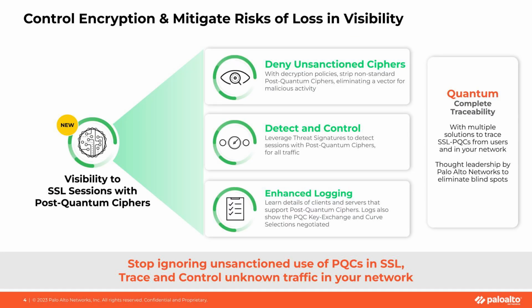So this is extremely useful in two ways. The first one is it brings added visibility and complete traceability of the session between the user and the server for all traffic in your network. And the second detail is you can now extract these logs and parse them to build a phase one of your crypto inventory.